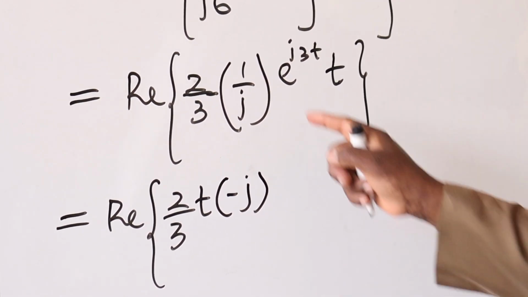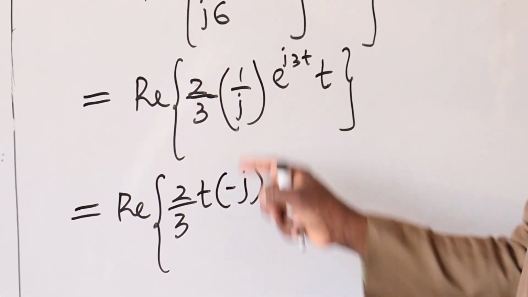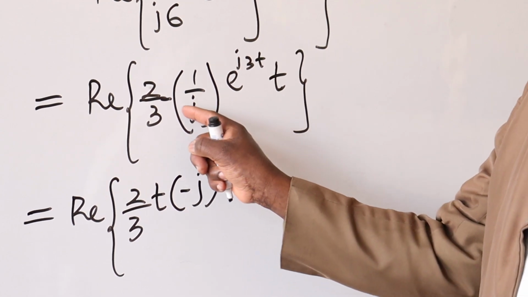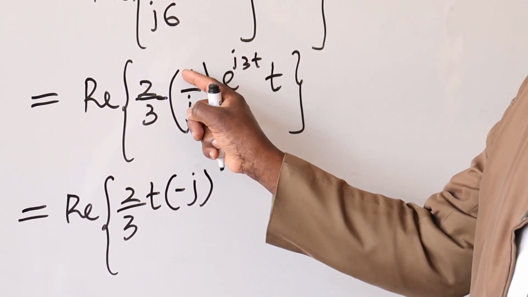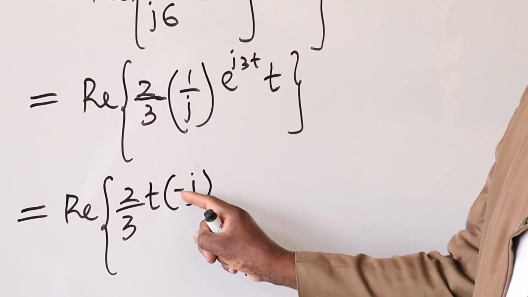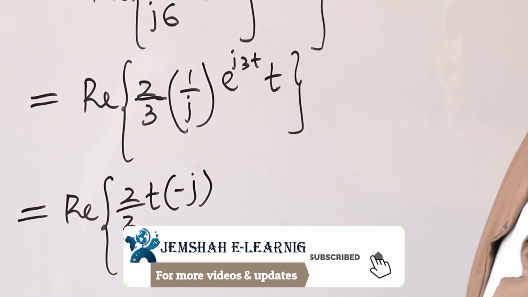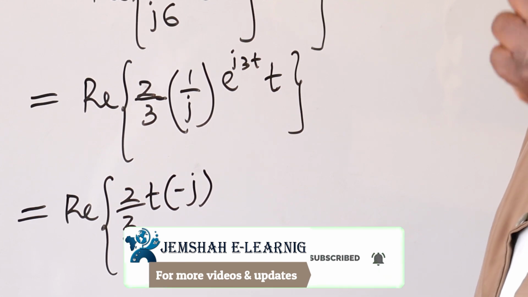That is, when you multiply both the numerator and the denominator by the conjugate of the denominator, the conjugate of this will be minus j. 1 times minus j is minus j. The j times minus j is 1. So negative j all over 1 is just negative j.